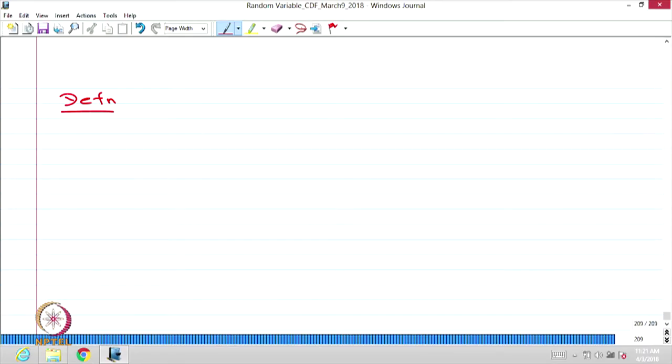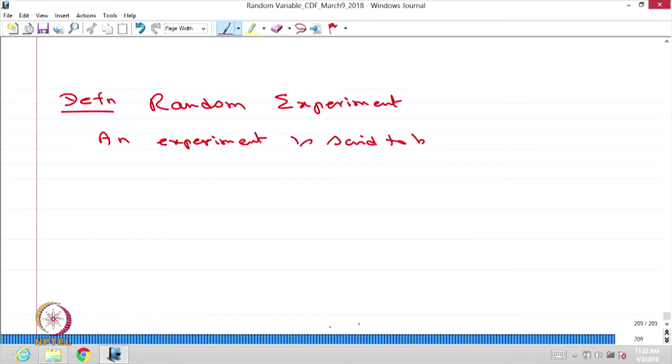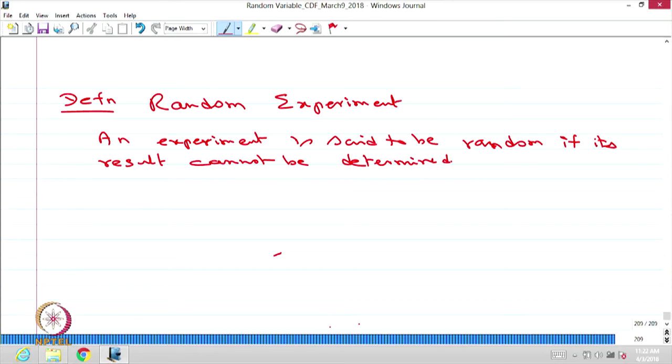The first definition, that is called a random experiment: an experiment is said to be random if its result cannot be determined beforehand.